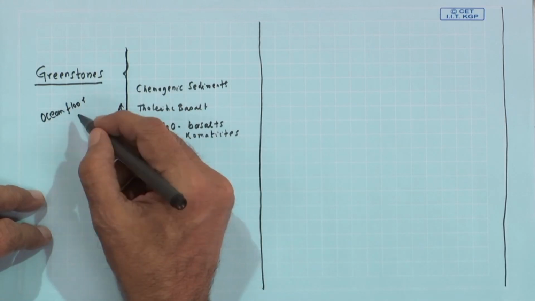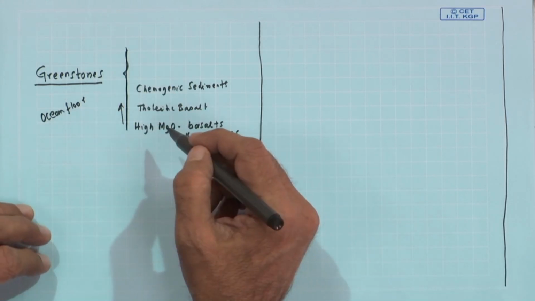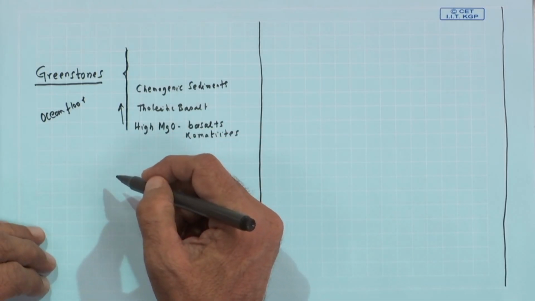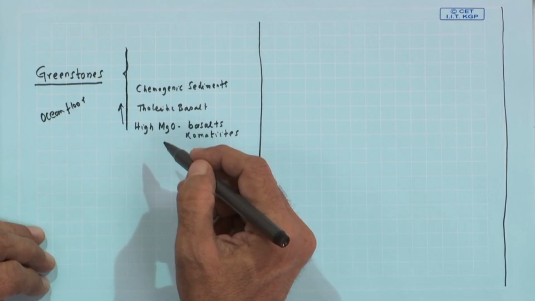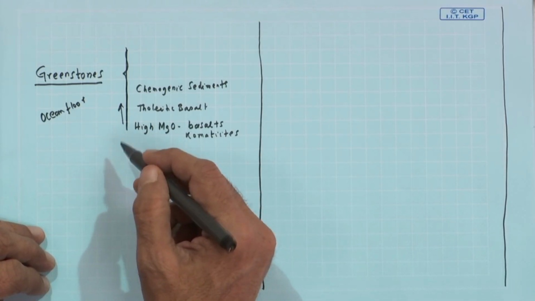volcanism giving rise to the volcanosedimentary sequence, after the closure of the basins, they are subjected to deformation and metamorphism of high grade, high temperature, low pressure kind of metamorphism.